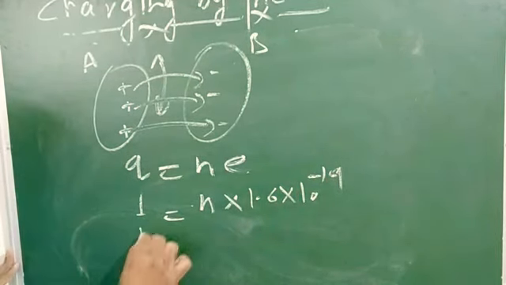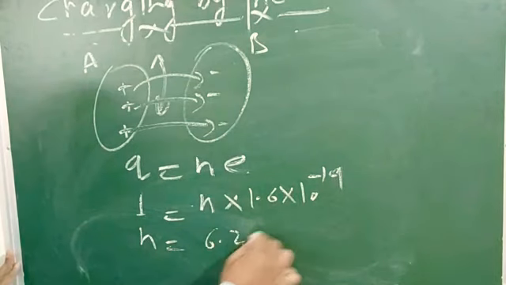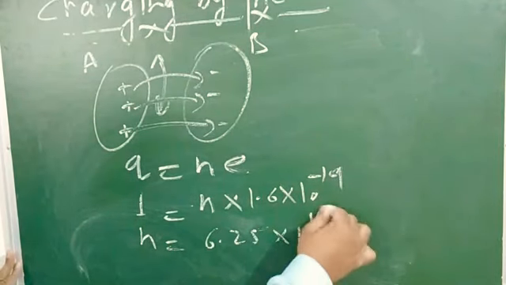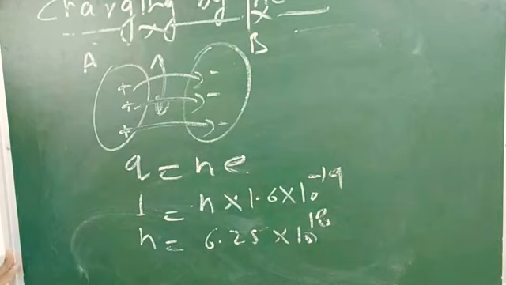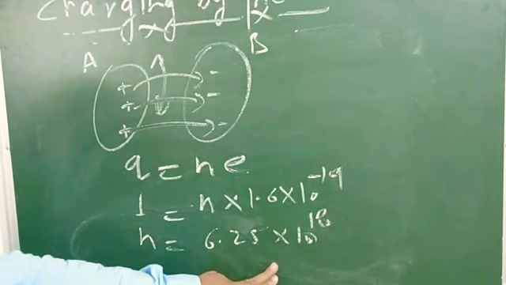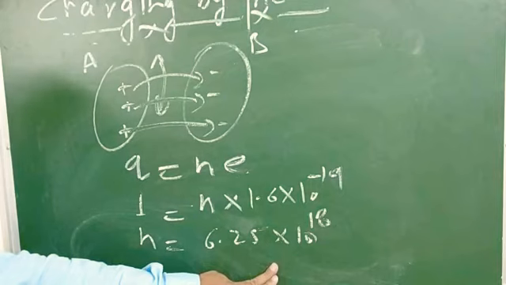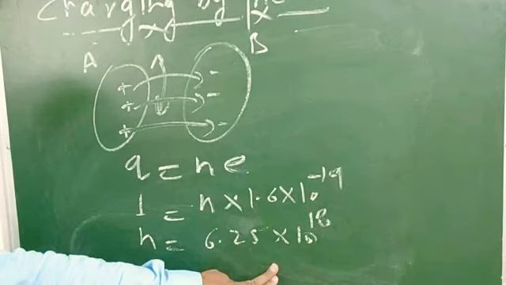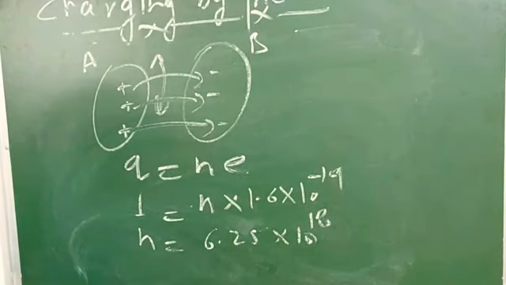When we calculate it, n will be 6.25 × 10^18. This means a very large number of electrons have to be transferred, more than 10 lakh times a trillion, in order to produce a charge of 1 coulomb by rubbing, by friction.